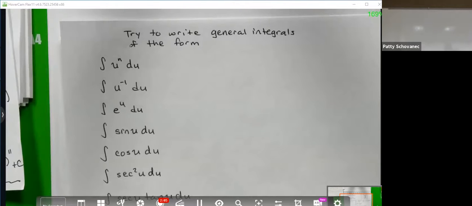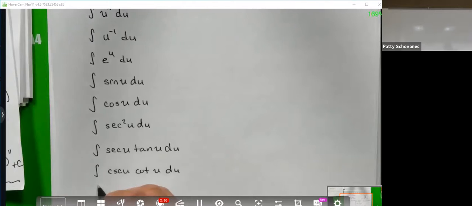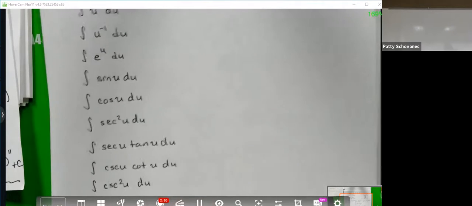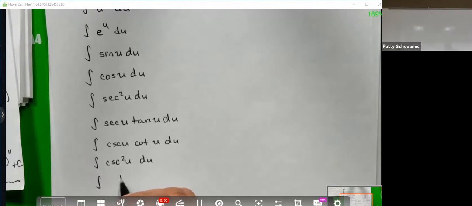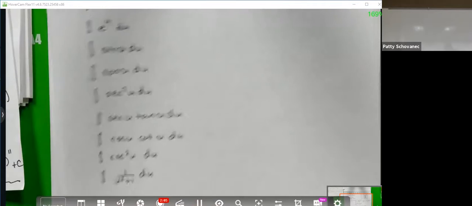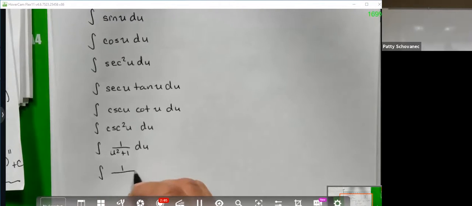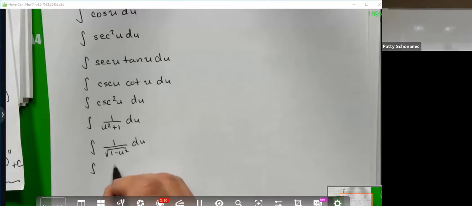Cosecant of u, cotangent of u, cosecant squared of u, and then our inverse trig functions. 1 over u squared plus 1, 1 over the square root of 1 minus u squared, and 1 over u square root of u squared minus 1. Those are the known integrals.